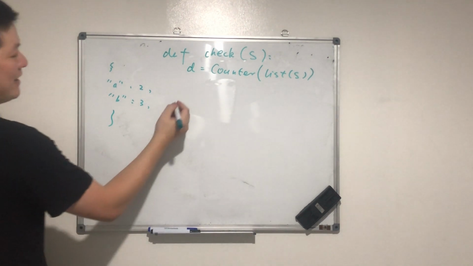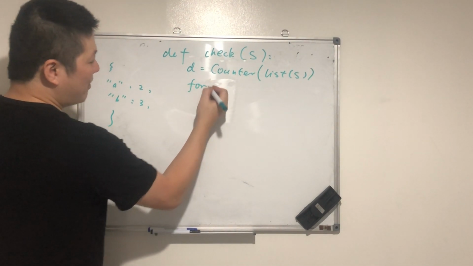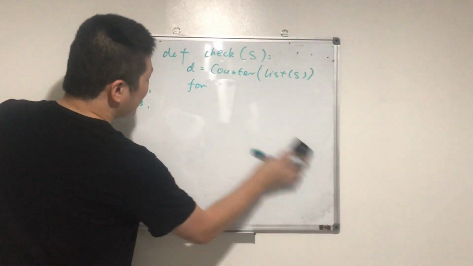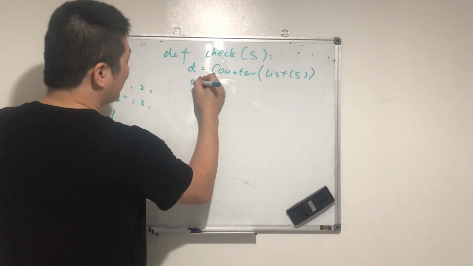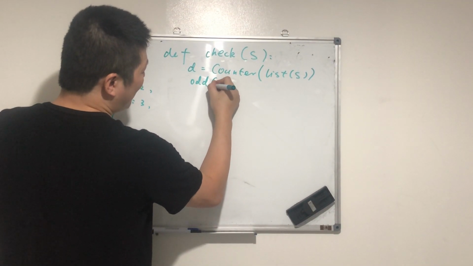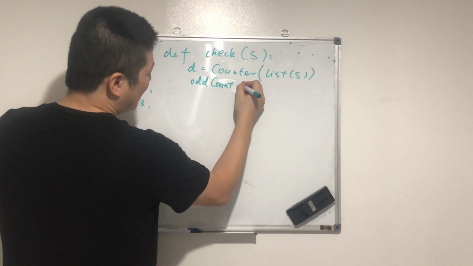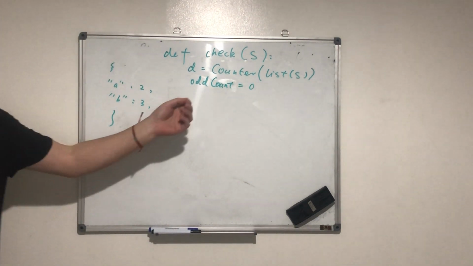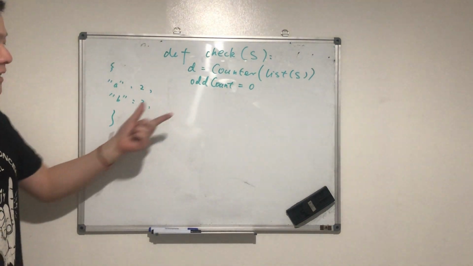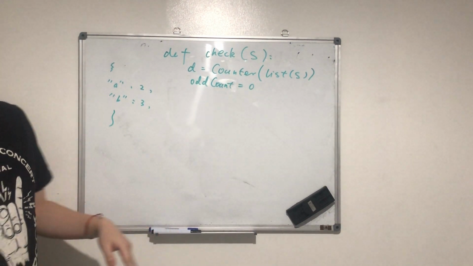Okay, then I just need another variable, odd count, equals 0. What we are interested in is the odd count. If it's more than 1, it's definitely not possible.